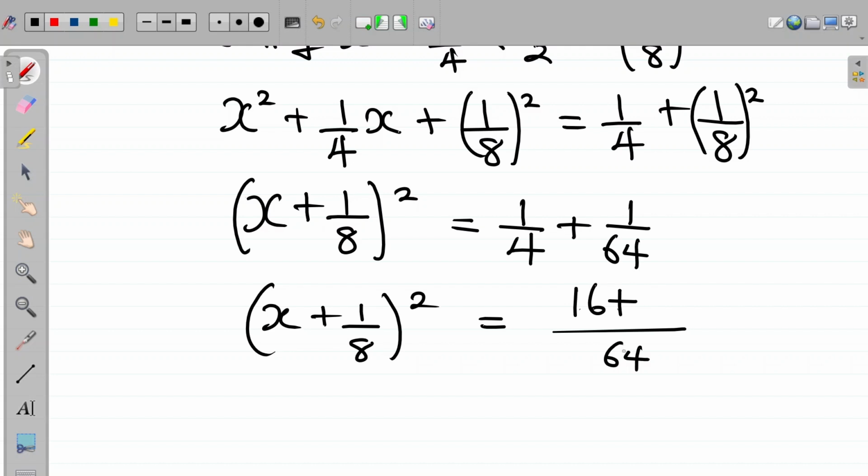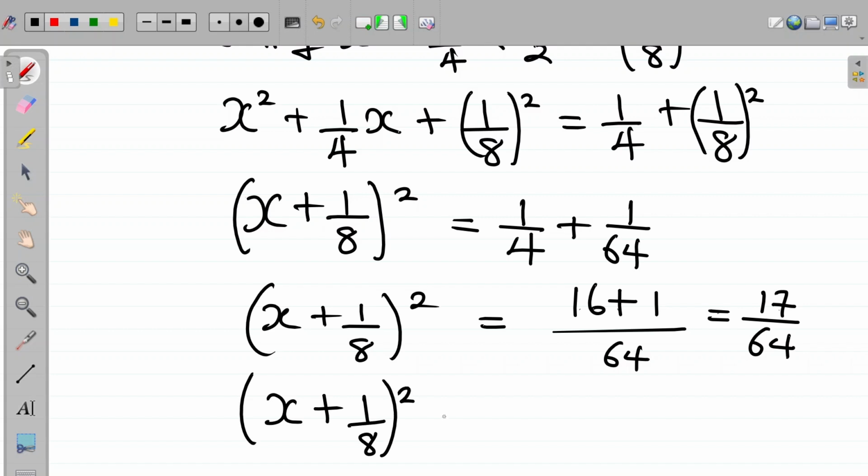Plus 64 divided by 64 is 1. 1 times 1 is 1. So this can be written as 17 divided by 64. So therefore, we have that s plus 1 divided by 8 all squared is equal to 17 divided by 64.